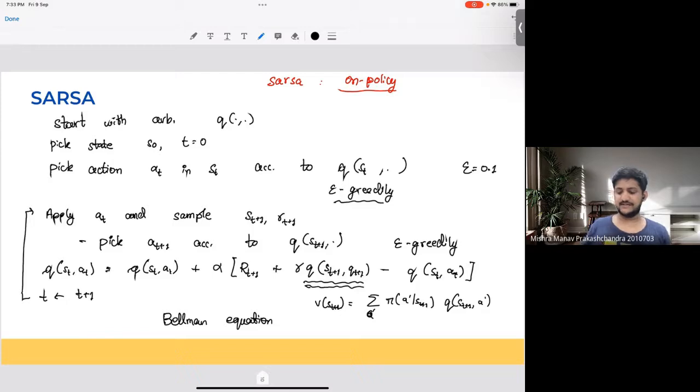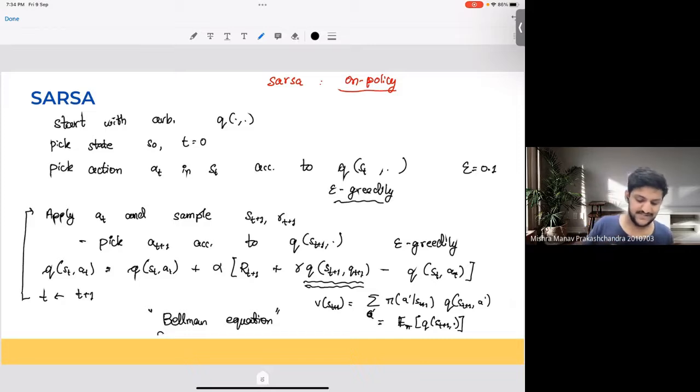So this is your value function that you want. But instead of taking the entire expectation with respect to pi of your q of st plus 1, you're drawing a sample from that. The idea is that if you keep drawing more samples, eventually you will end up with this expectation over time. So this is the general idea behind SARSA.